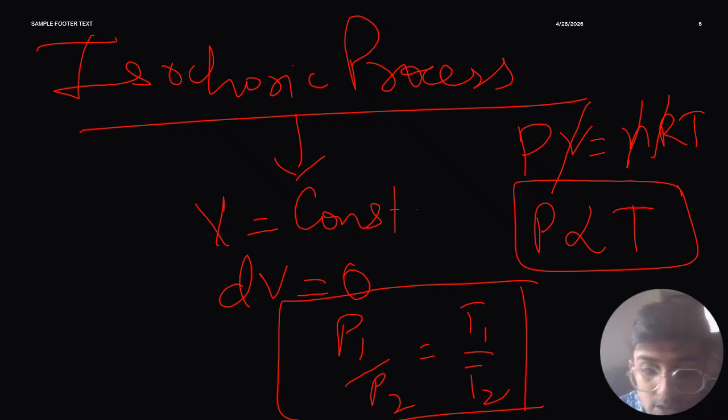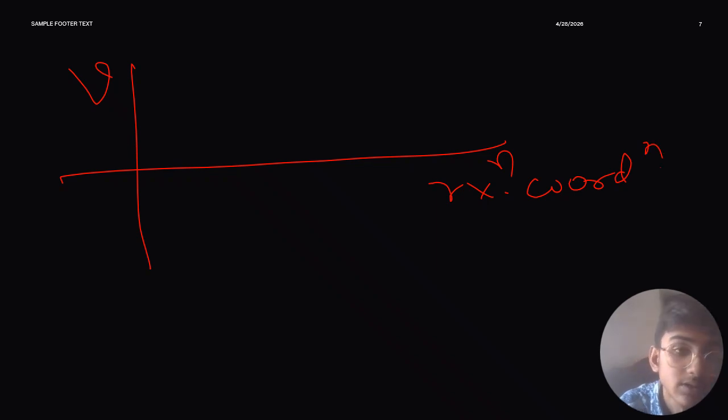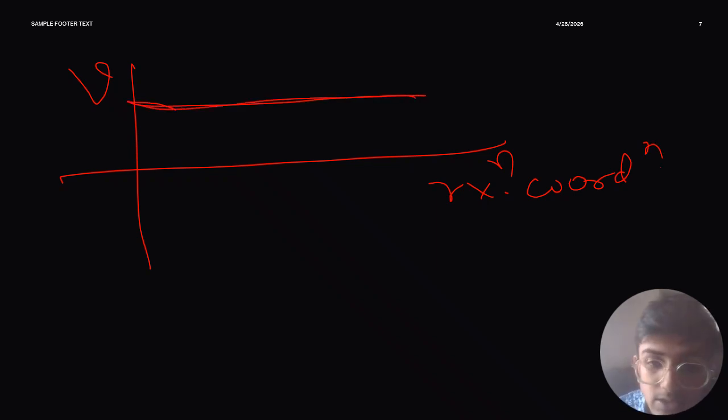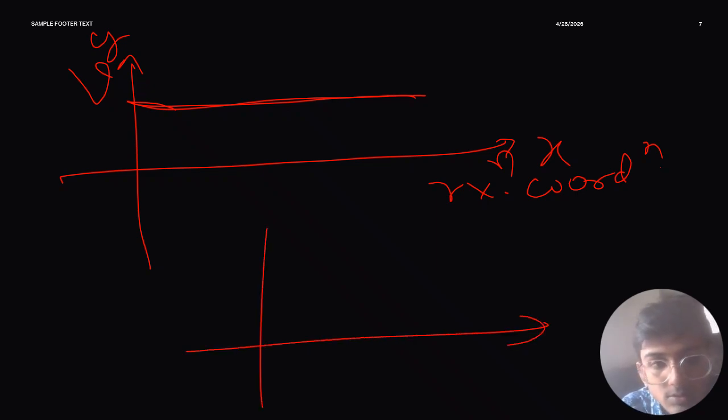And let us plot this graph also. If we plot volume versus any other coordinate, it will come as a straight line parallel to the x-axis. Now, the next thing, pressure versus temperature.